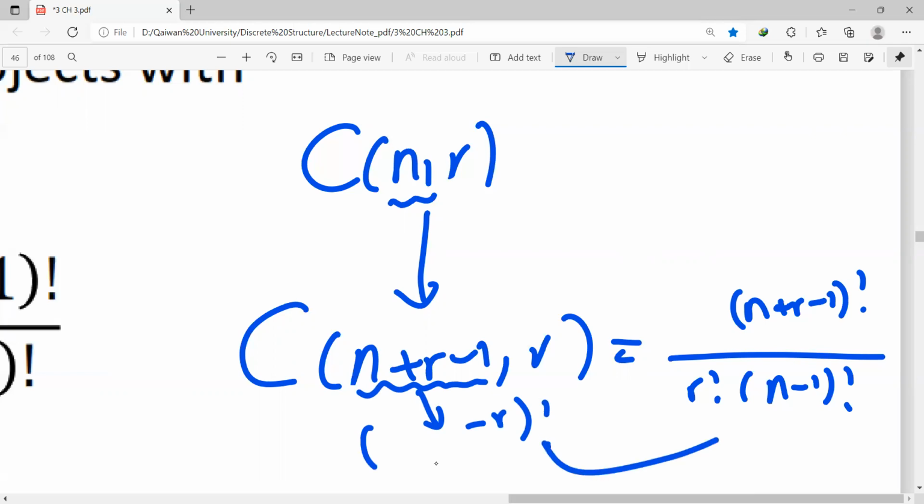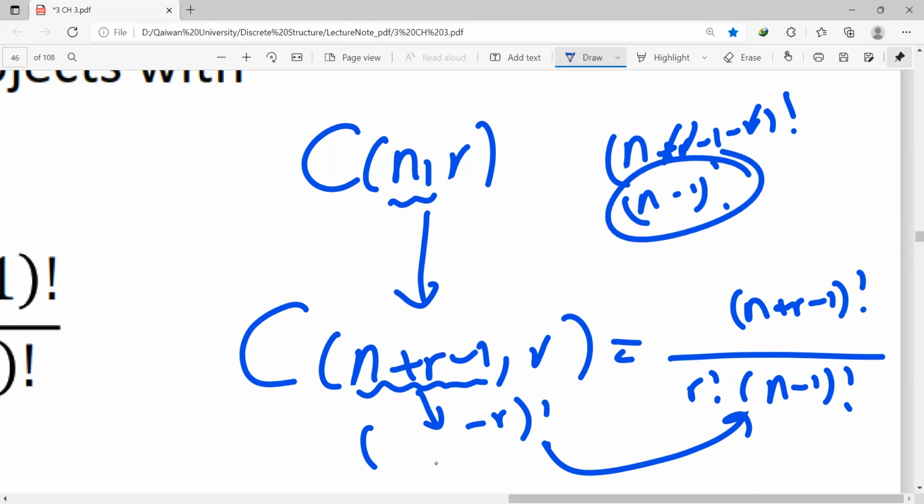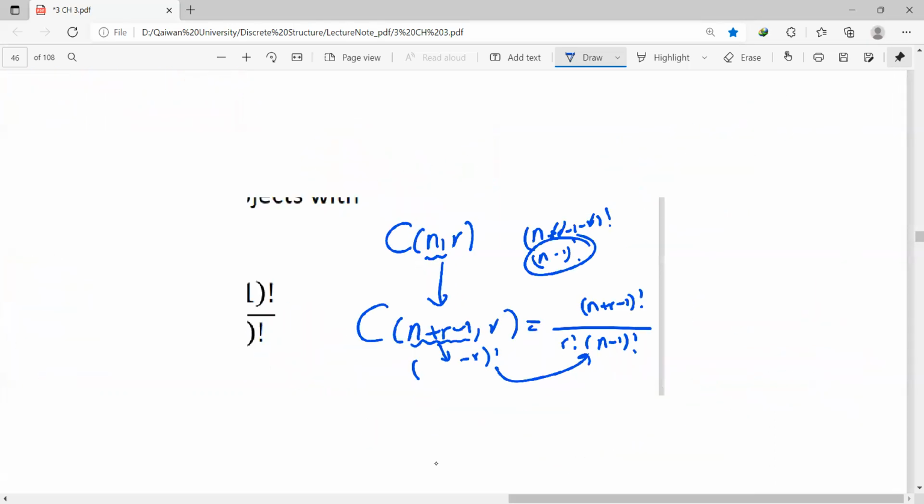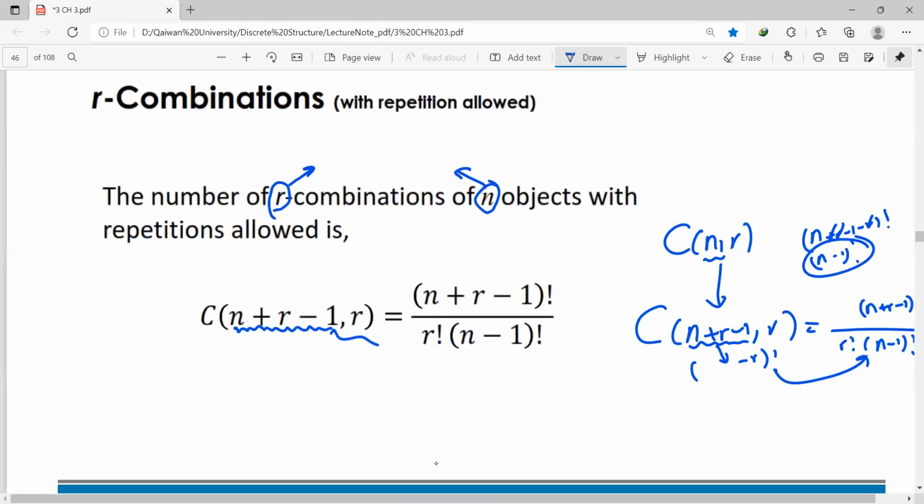It's the same as saying n minus 1 factorial, because here we have n plus R minus 1 minus R factorial. These cancel out and we get only n minus 1 factorial. So this rule is used to find the combination if repetition is allowed. Just replace n and R, that's all.